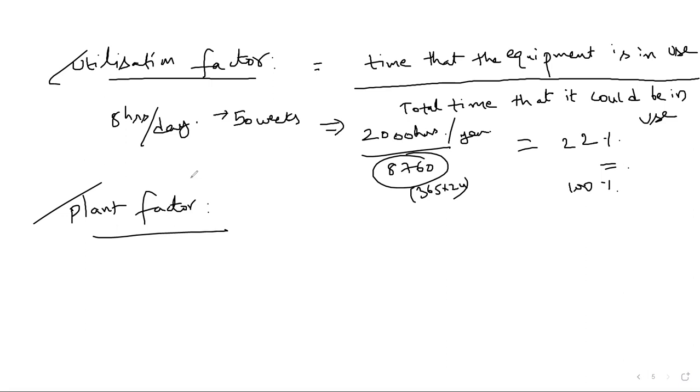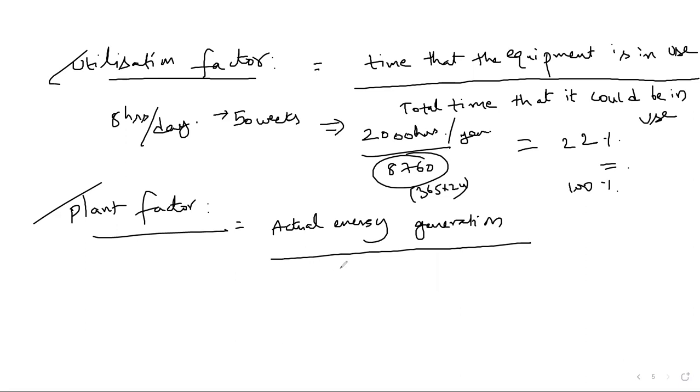Note down the definition: it is the ratio of actual energy generation to maximum plant rating.